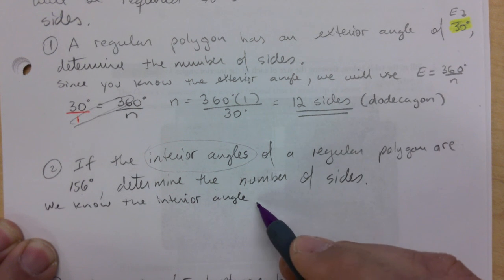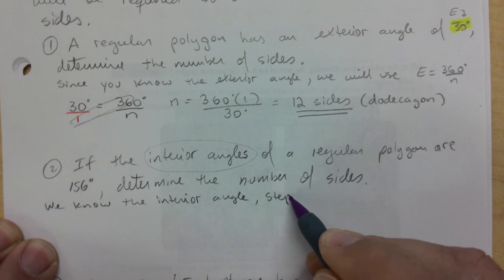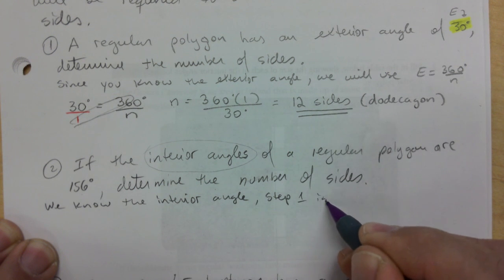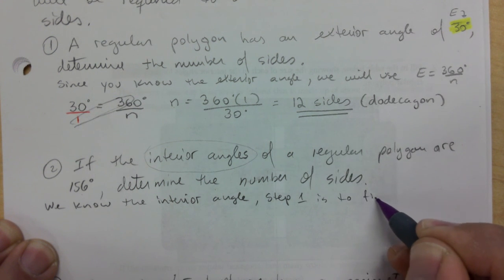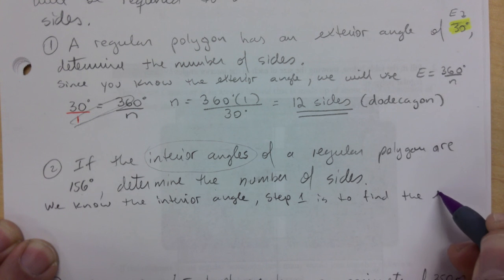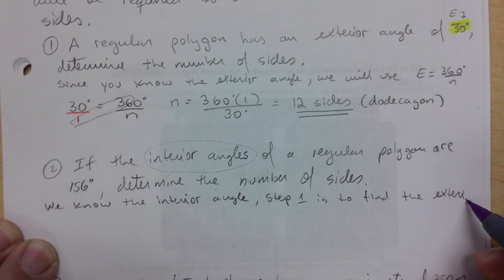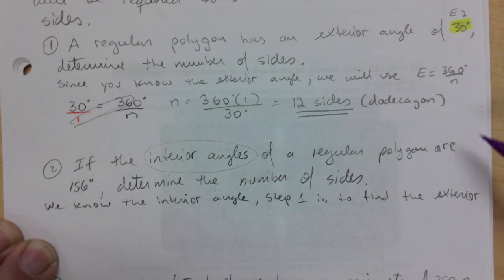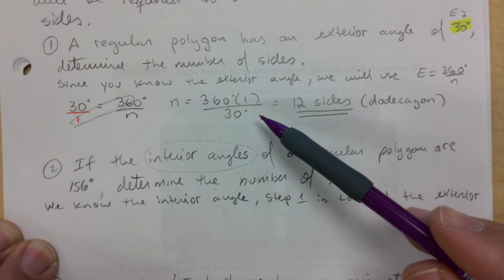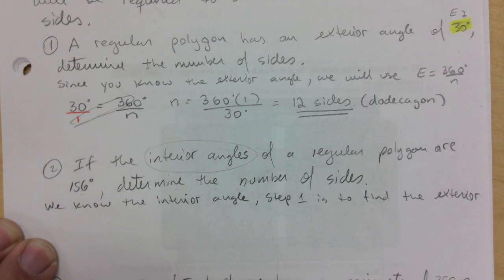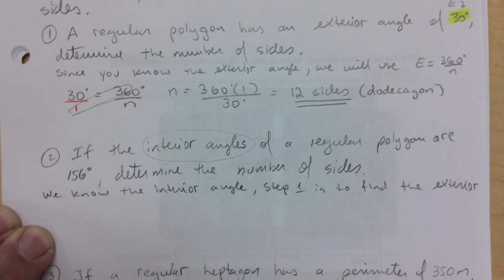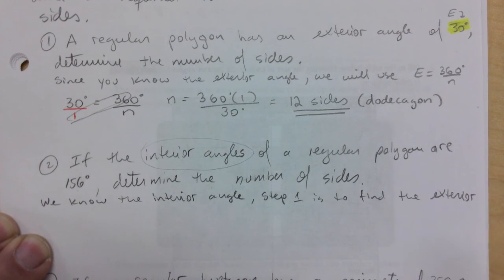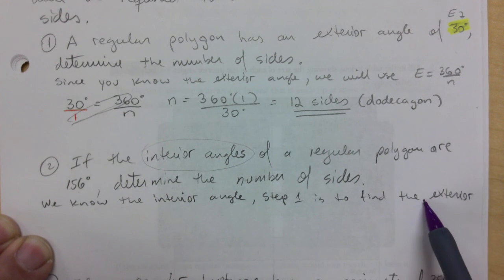So step 1 is to find the exterior. We want to find the exterior because then it's easy to solve. We just did an example of finding the number of sides giving the exterior. So find the exterior, that's number 1.